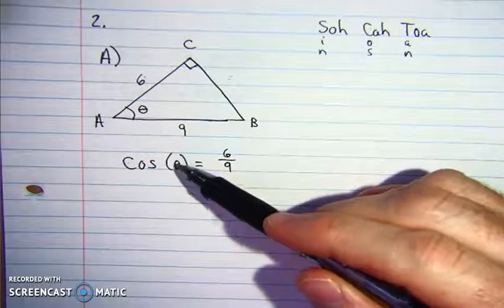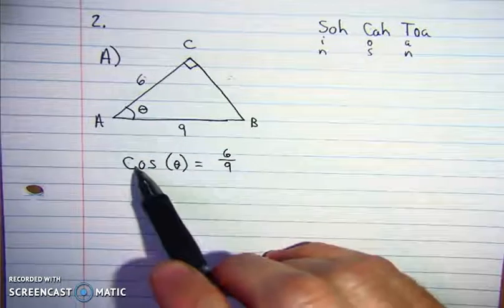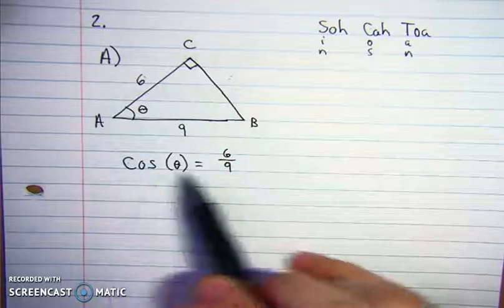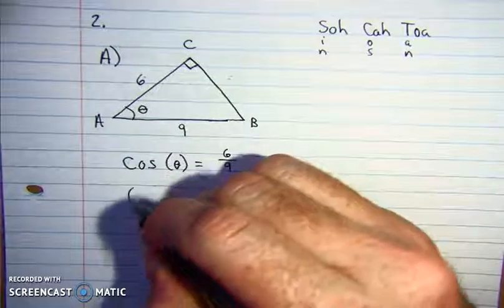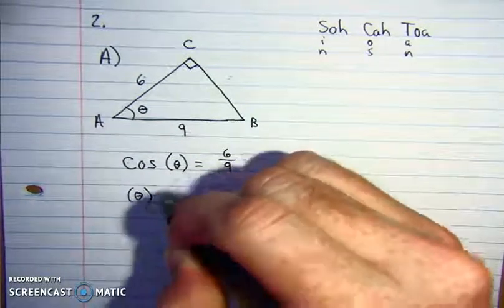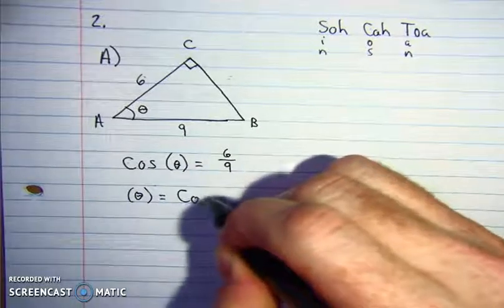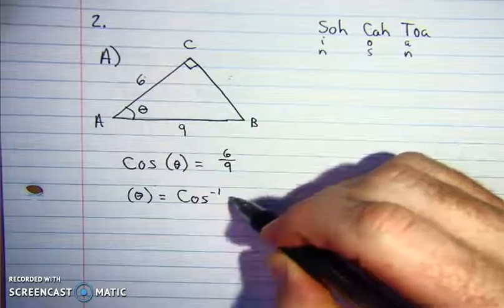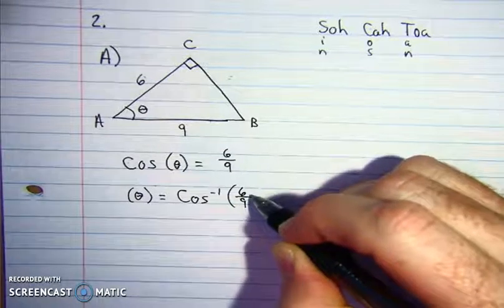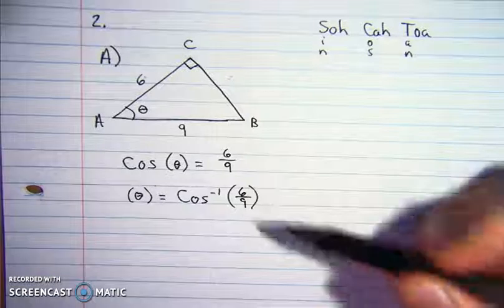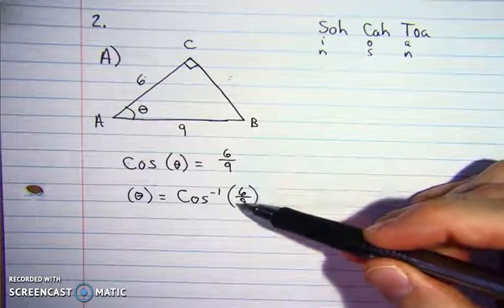We're solving for the angle this time, so I need to get it by itself. So I'll take the trig function and use the inverse of that trig function to get rid of it. So I'll have theta is equal to the inverse of cosine 6 over 9. Adjacent over hypotenuse.